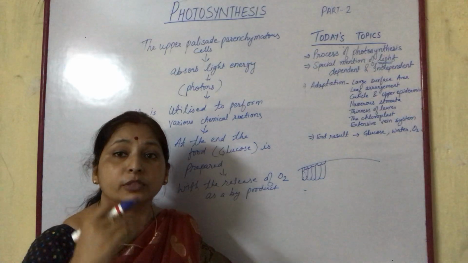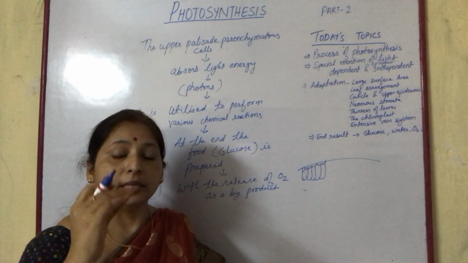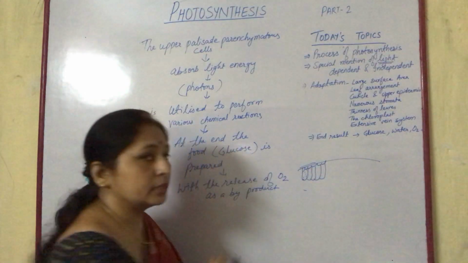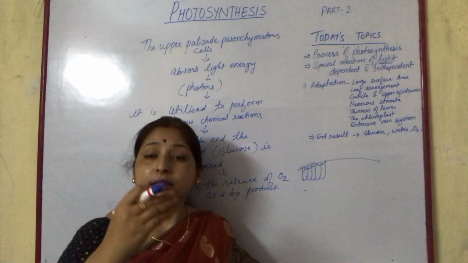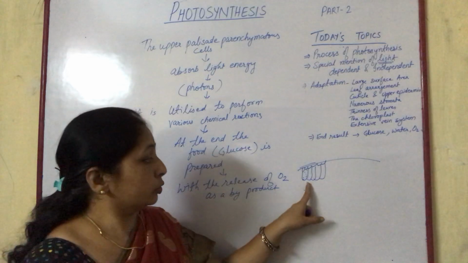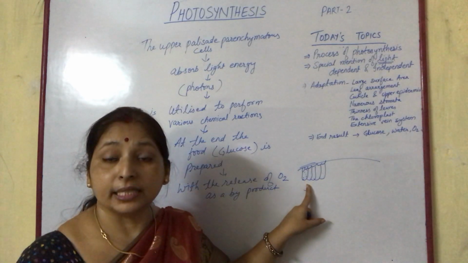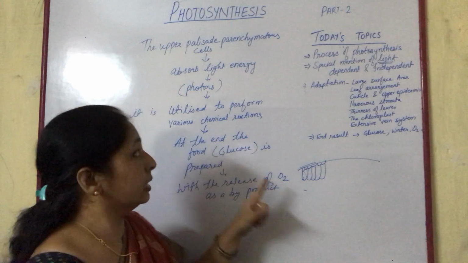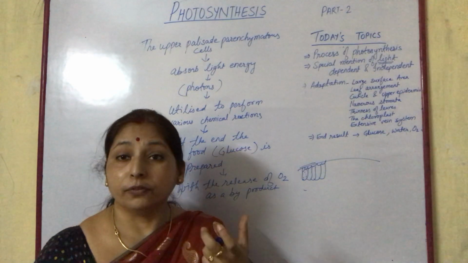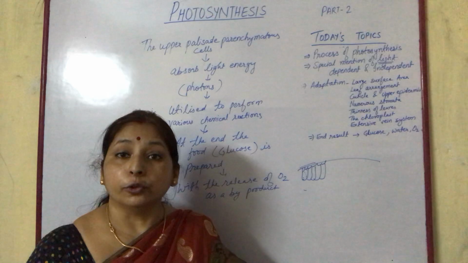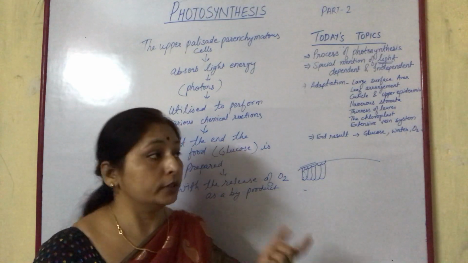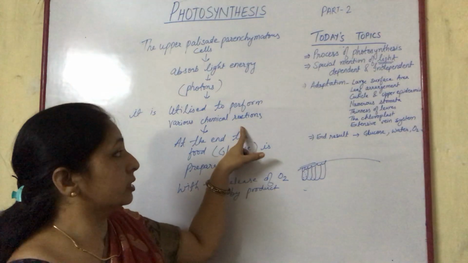The epidermal layer and the outside cuticle are transparent, so they easily allow light to pass on to the palisade cells. In the palisade cells the chloroplast is present. These chloroplasts absorb the light energy in the form of photons, which is utilized for the various chemical reactions.